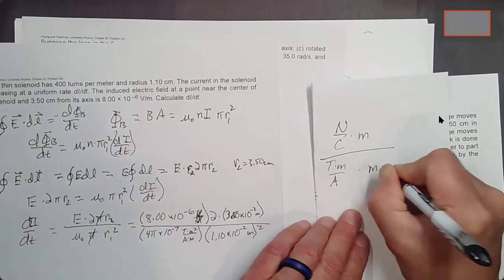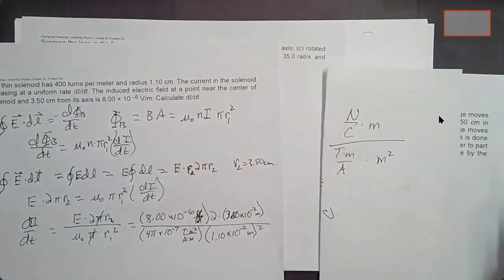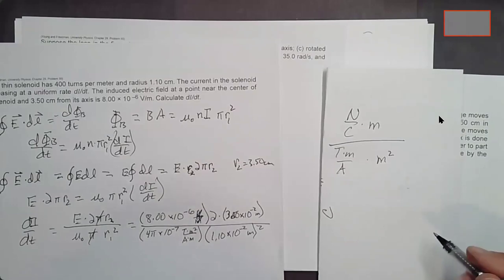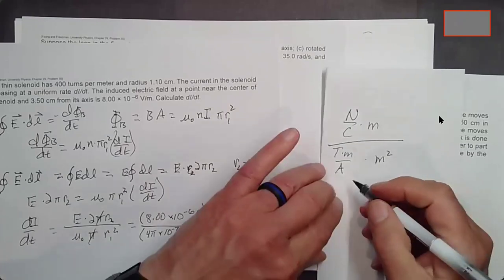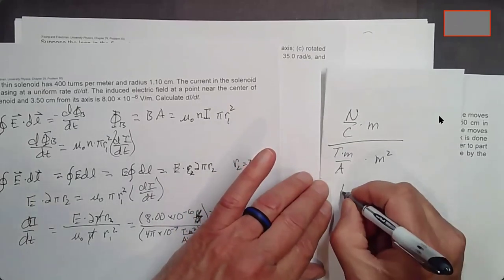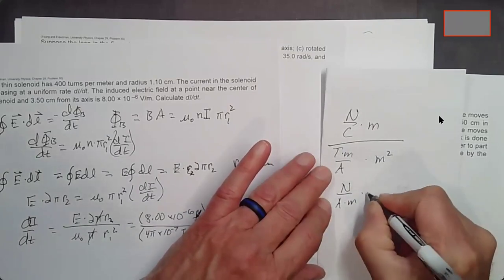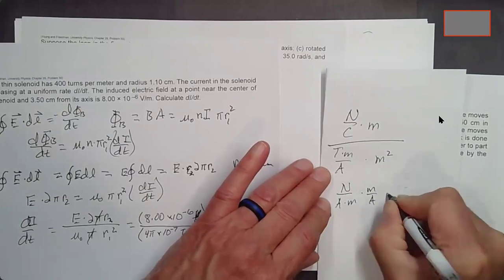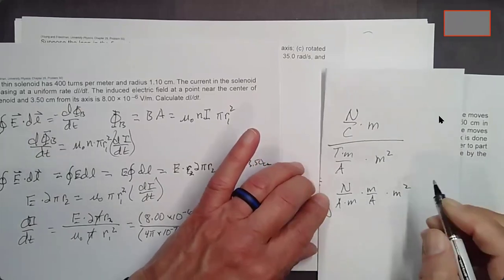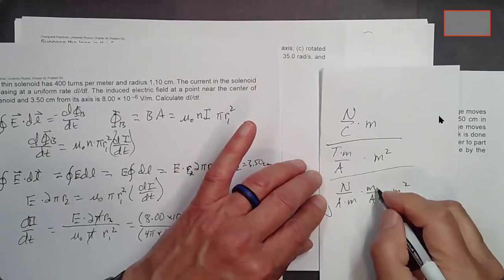Times meters squared. And a Tesla is a Newton per amp meter, times a meter per amp, times a meter squared. And this is all on the bottom.